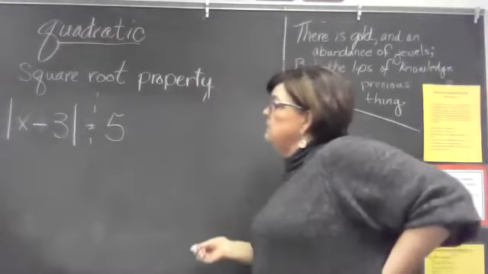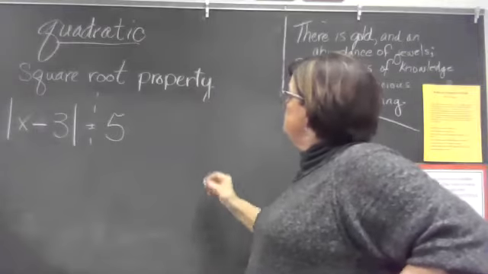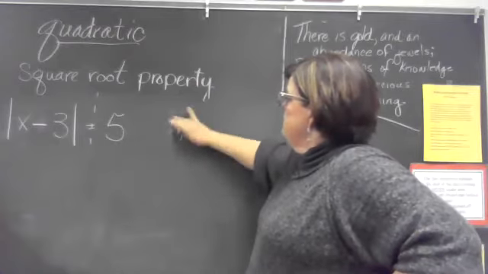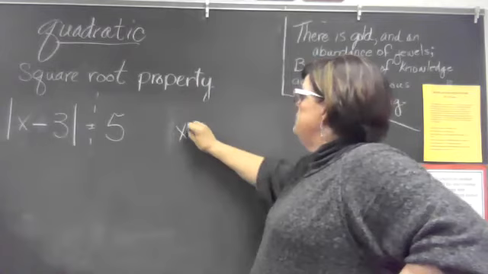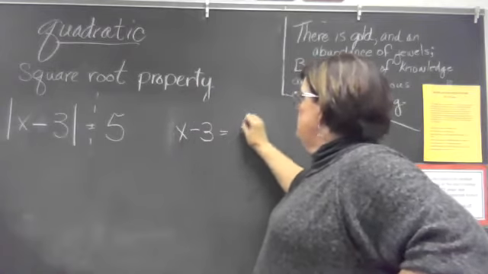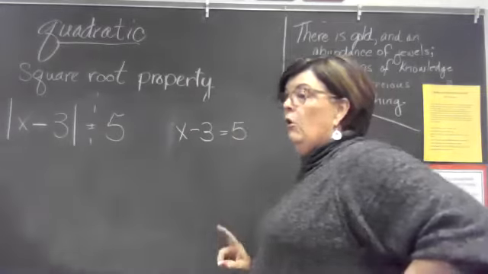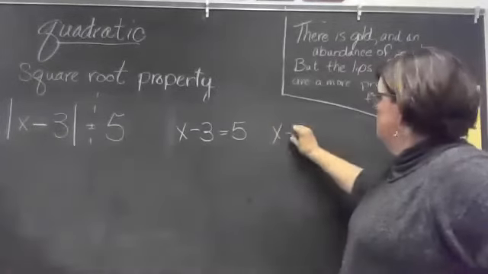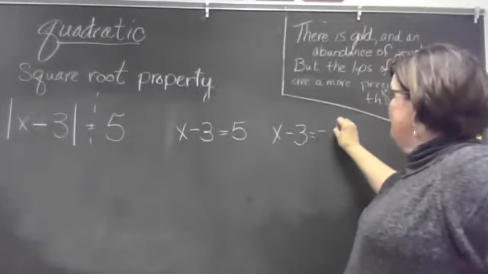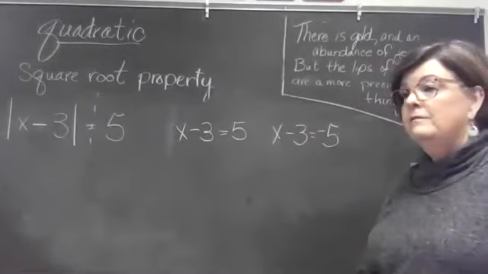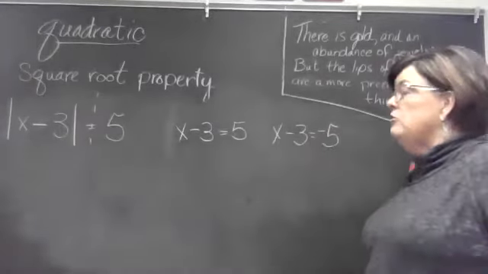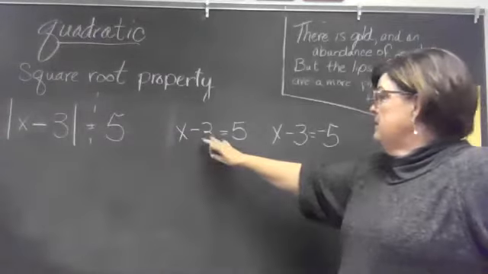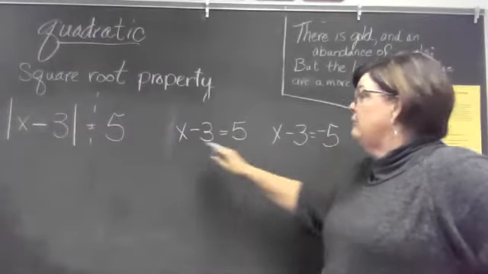You say, okay, then it looks like we've got 2 different answers. So we're going to say the stuff inside, we don't use the absolute value, the stuff inside could be equal to 5, or the stuff inside can be equal to a negative 5. Y'all see? If it's inside the absolute value, then you put the insides equal to the 5, but then you put the insides equal to a negative of whatever's there.